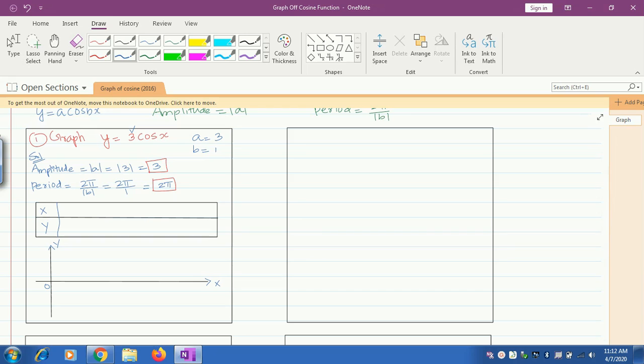Now what is the amplitude here? It is plus 3 to minus 3, and the full period is 2 pi.